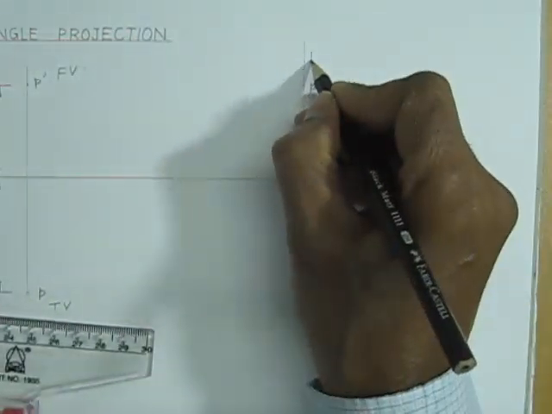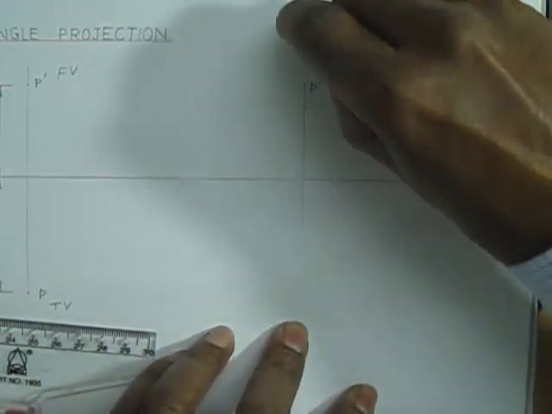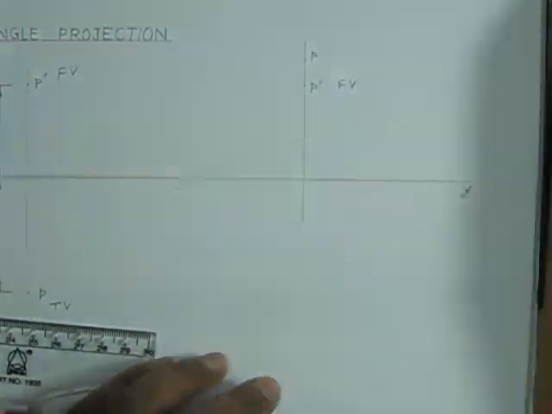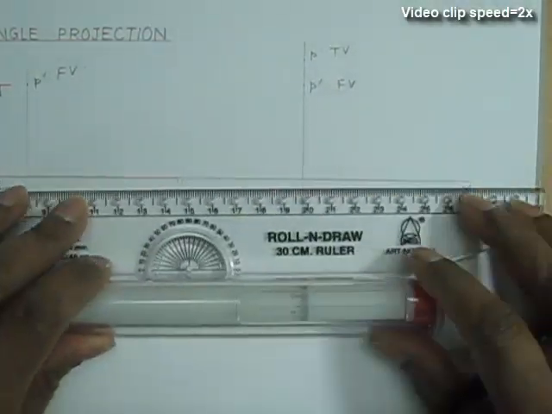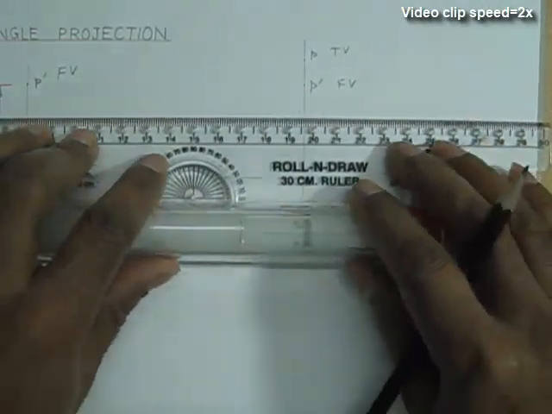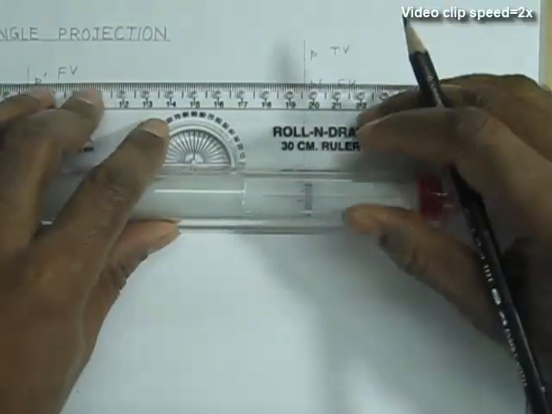And this is the top view, which is represented by P. Finally, we can do the dimensioning.